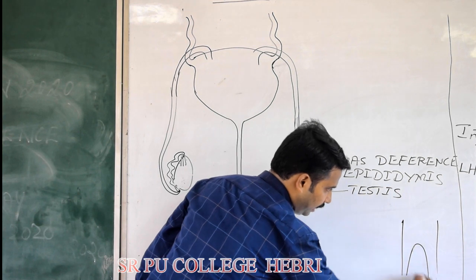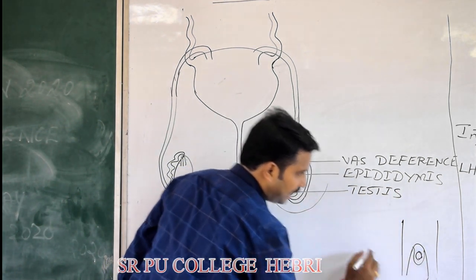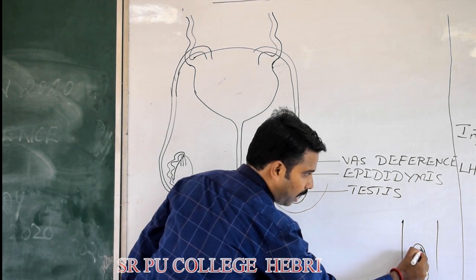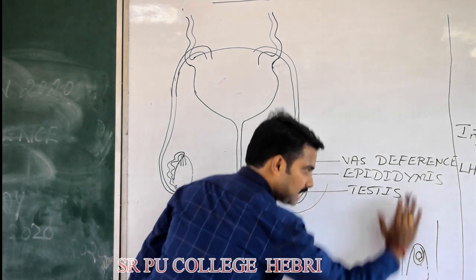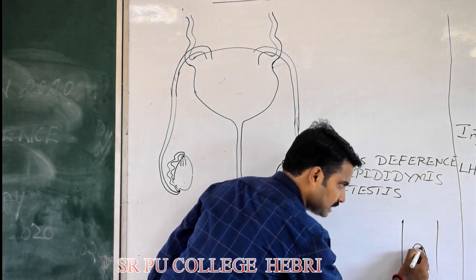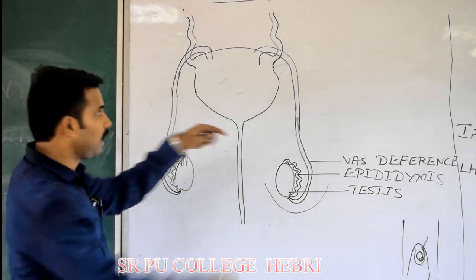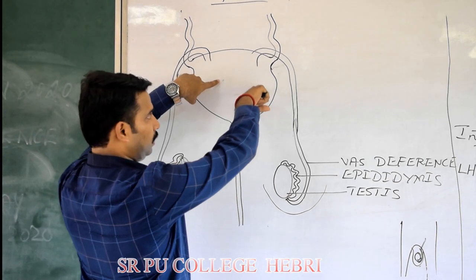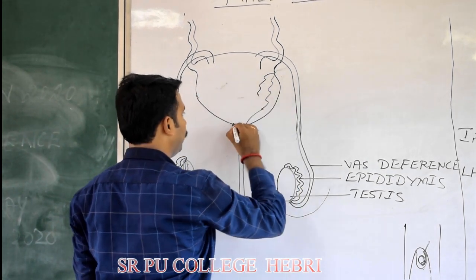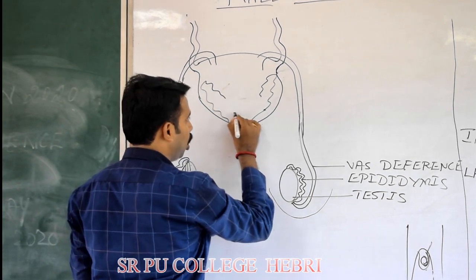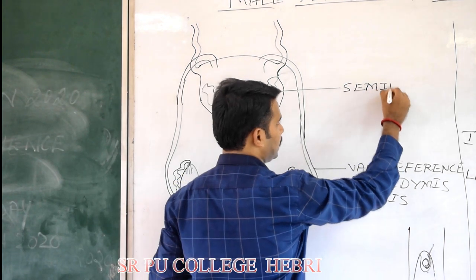I told you already, right? If you assume this is the testis, this is the epididymis, this is vas deferens that has arisen in the scrotum, will it ascend or descend? It will ascend and enter the male's abdominal cavity, surround the urinary bladder and join with the duct of a gland called seminal vesicle.